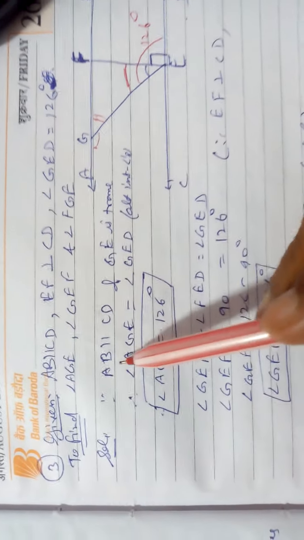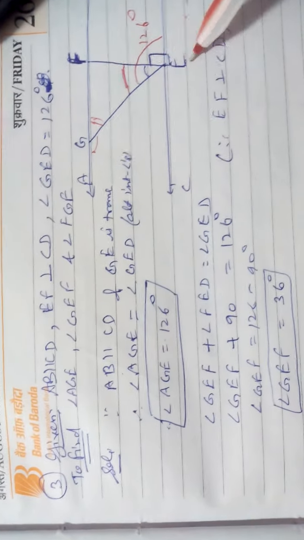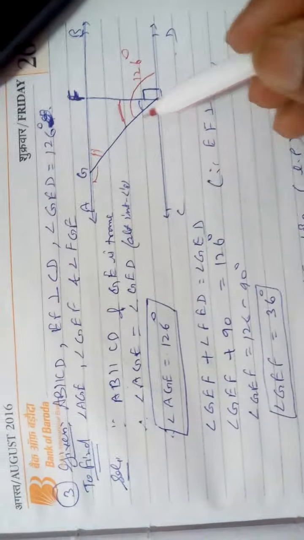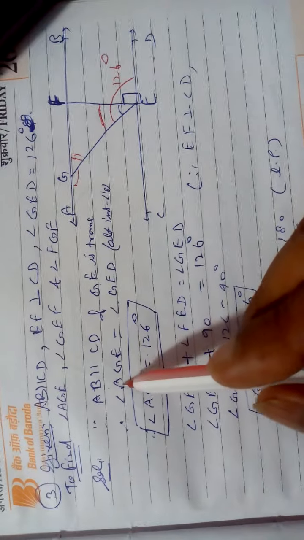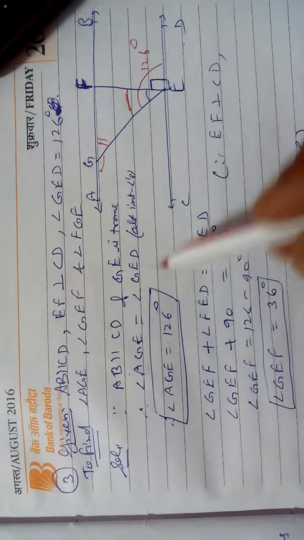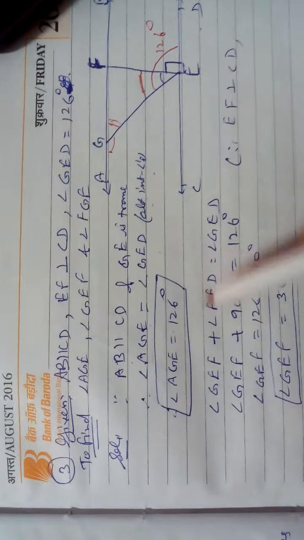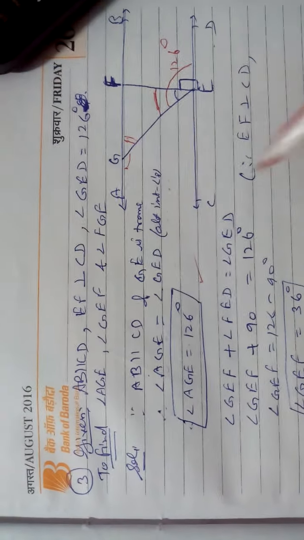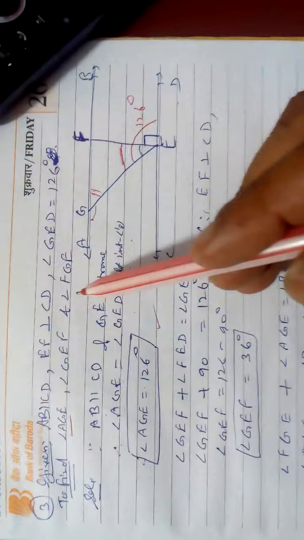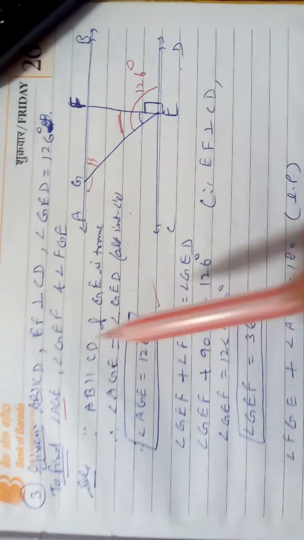So what will you do? First of all, you see that AB is parallel to CD and GE is a transversal. Then this angle and this angle have a relation. Angle AGE is equal to GED, alternate interior angles. So it is 126. One answer you are getting, AGE directly.